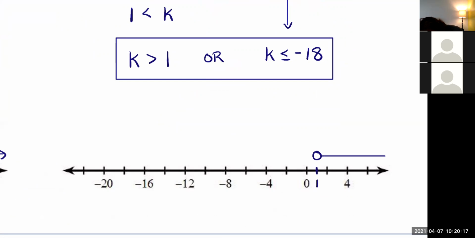To the right. And what about K is less than or equal to negative 18? This one actually has a notch. It's just not labeled. Open or closed? Heard closed. And which way from there? To the left.